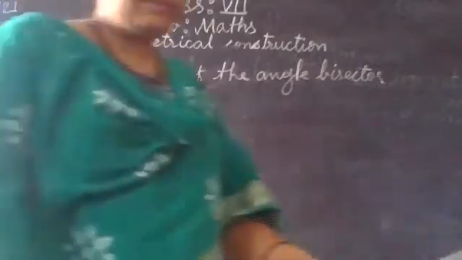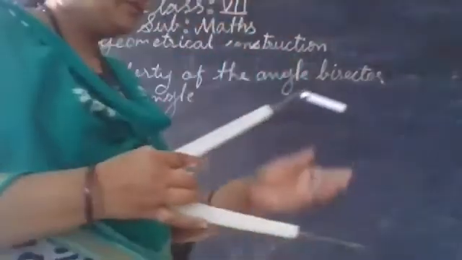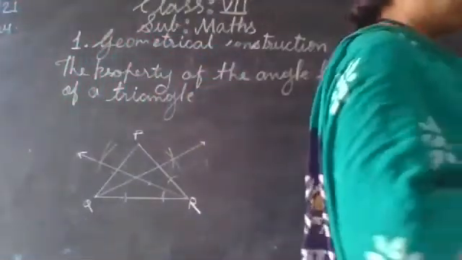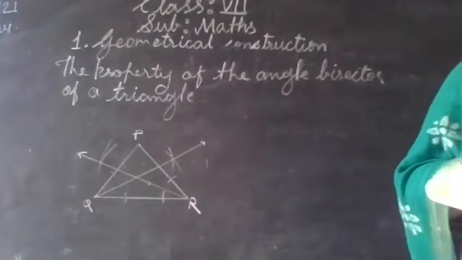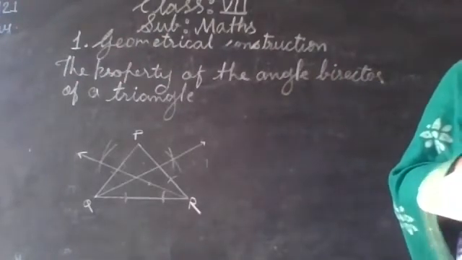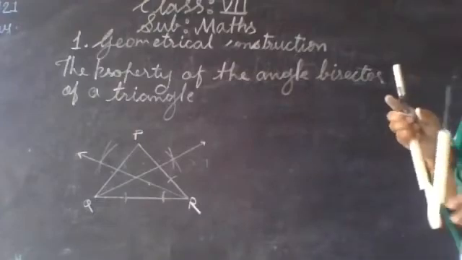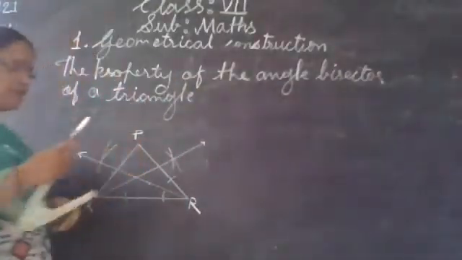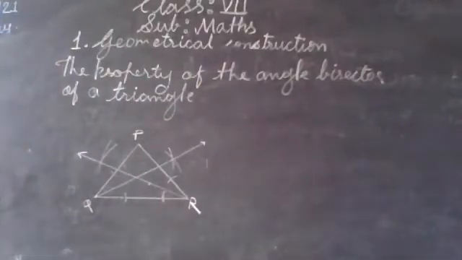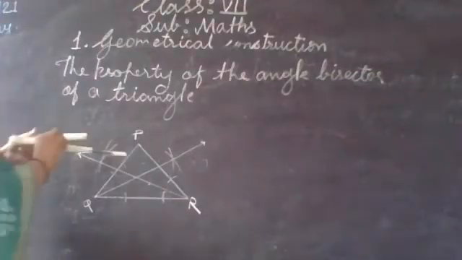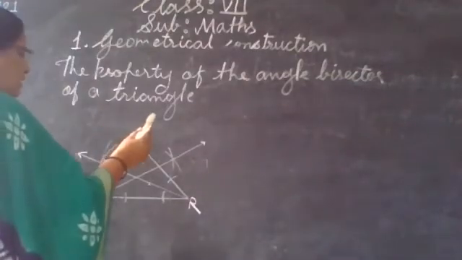Now one angle is left. Now place the pointer on this P. Mark an arc.